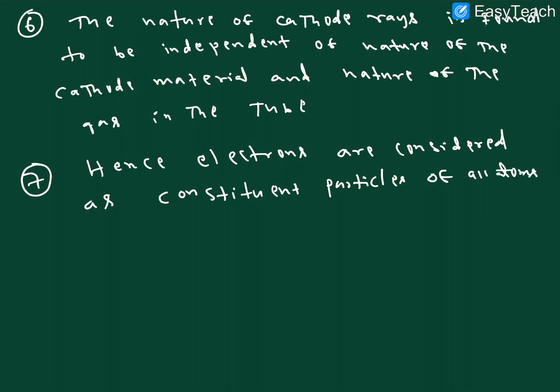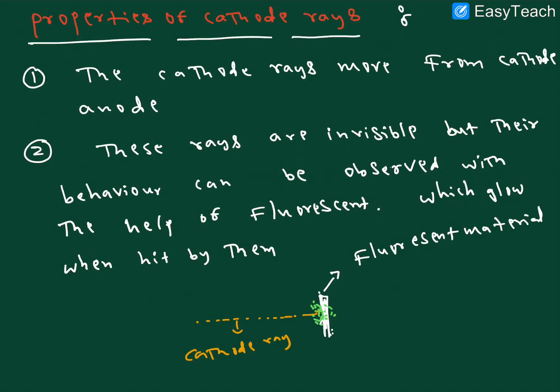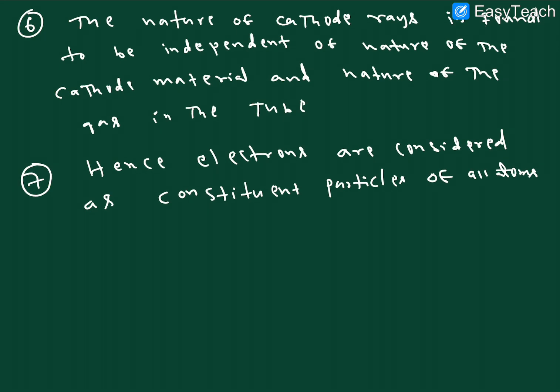So all atoms contain electrons. So these are the 7 properties of cathode rays.